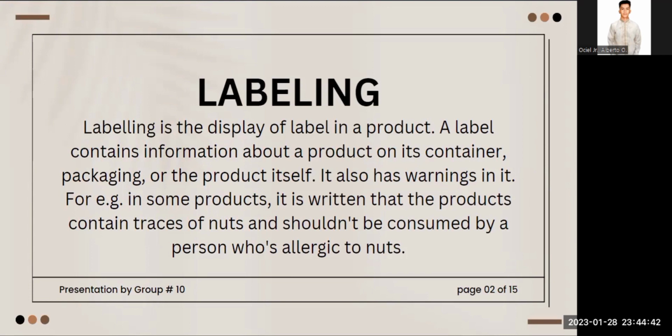So it usually has a warning in it for some products, and then it is written that the product contains traces of nuts, should not be consumed by the person who's allergic to nuts. So in my opinion again, the labeling is the process of covering a product with a visually appealing wrapper or seal.